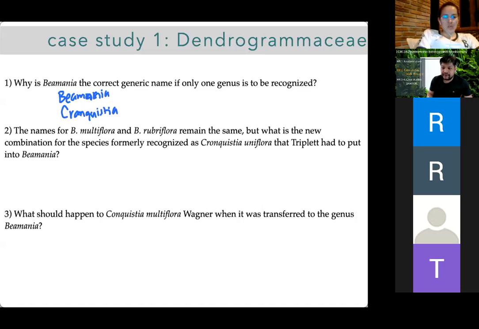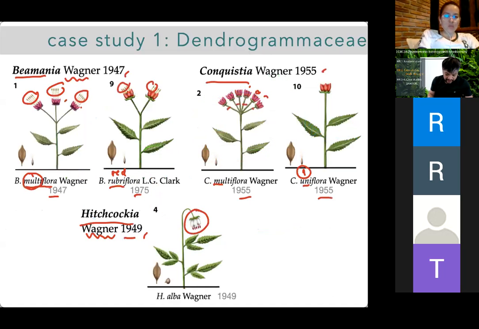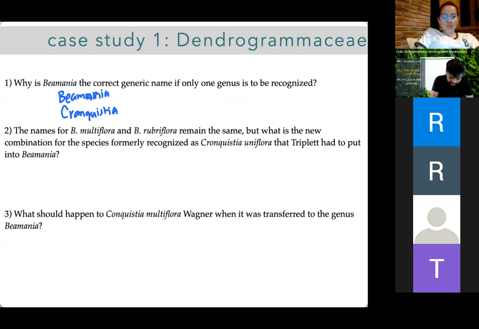So why did he pick Bimania over Conquistia? The answer is you have to go back to these pictures. Bimania was named by Wagner in 1947 and Conquistia by the same guy in 1955. I'm going to write it down here, 1947, 1955.